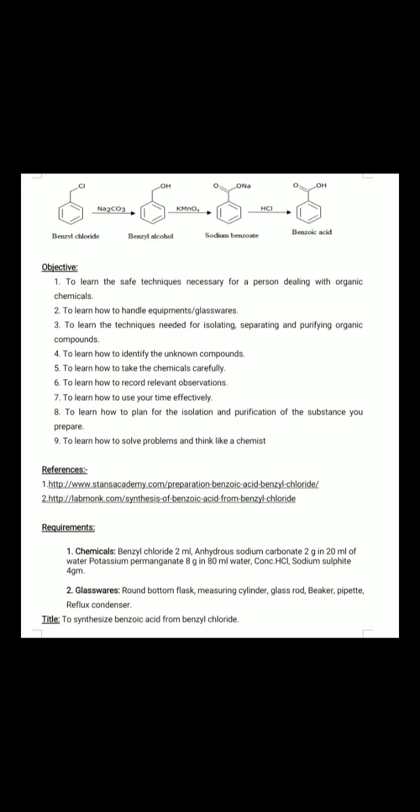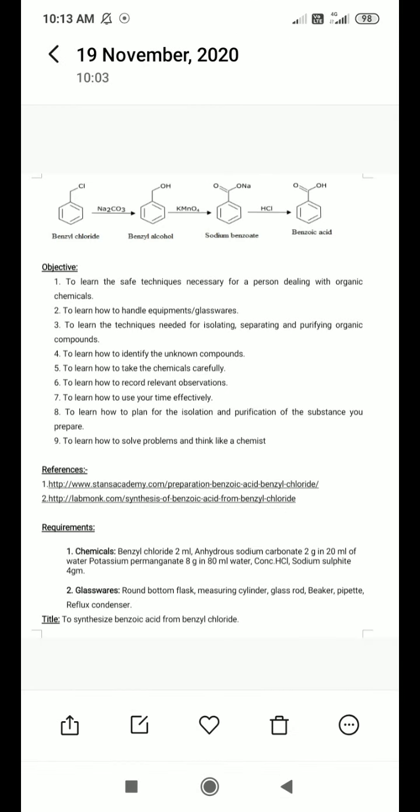We can use KMnO4 as an oxidizing agent. Then it is converted into sodium benzoate, that is the salt form. Then we acidify it using HCl, and it is converted into benzoic acid, which is the desired product.